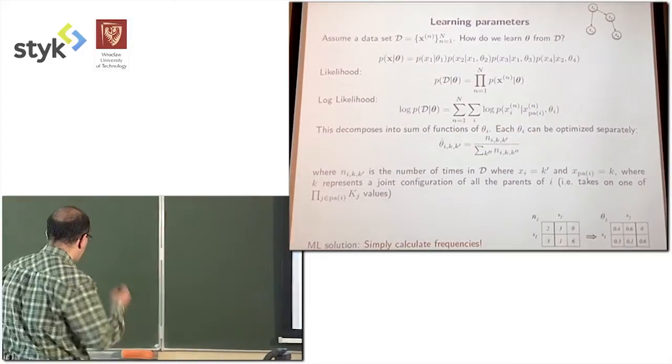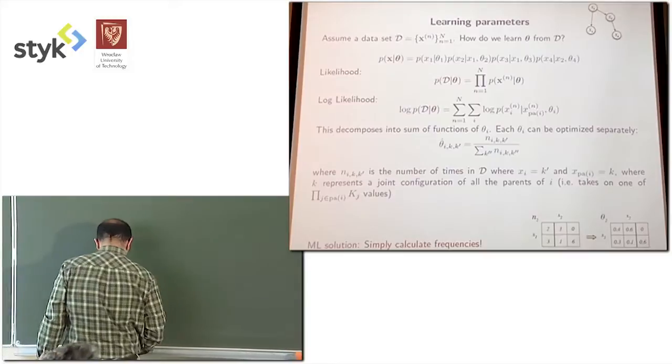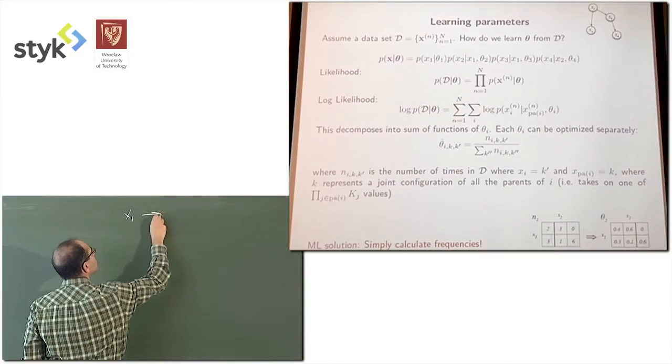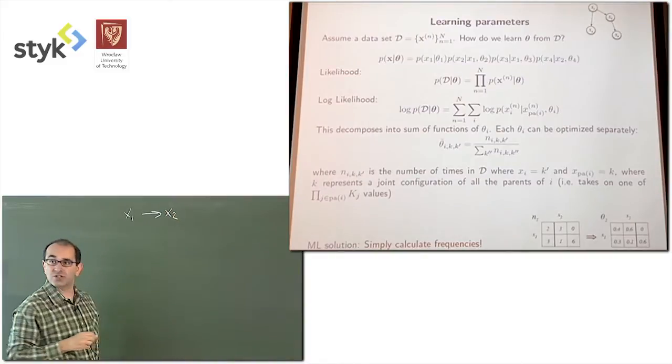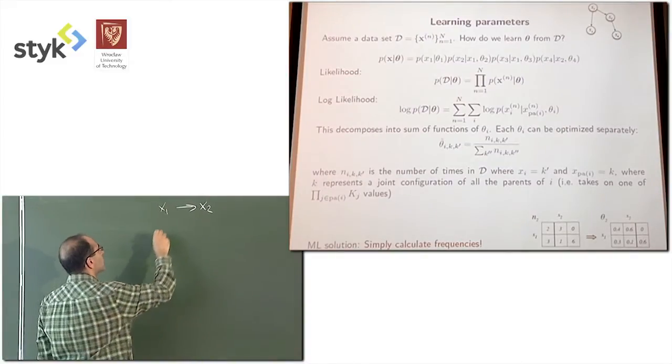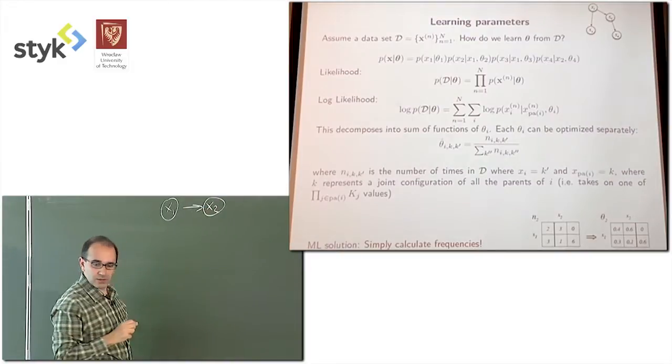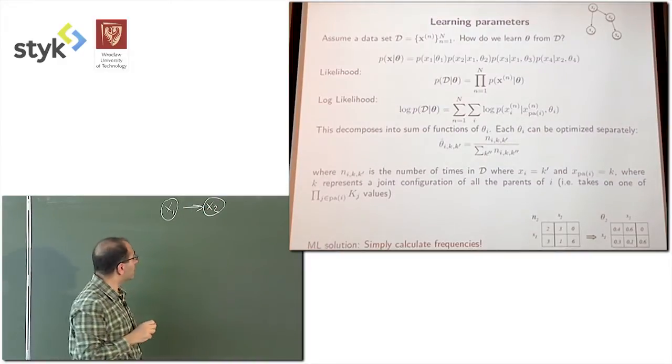Just to give you an example, let's consider the simplest possible graphical model. x1 goes to x2, and let's assume both of these are binary variables.